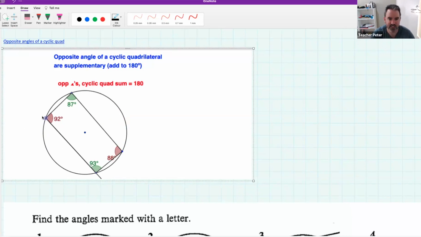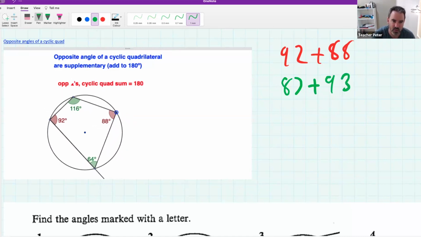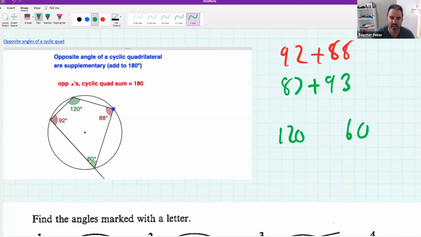So I can definitely see the red pair is 92 plus 88 at the moment, and the green pair is 87 and 93. But let's see if I move them around, what happens now? Okay, now the green pair is 120 and 60, and the red pair is 92 and 88.